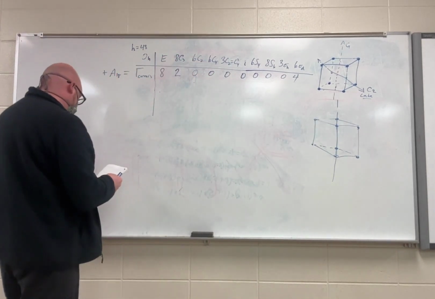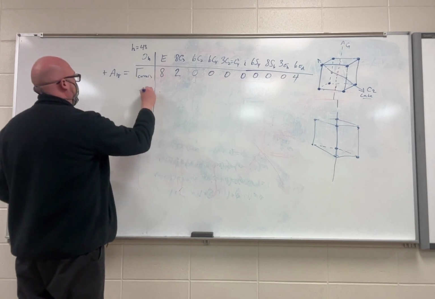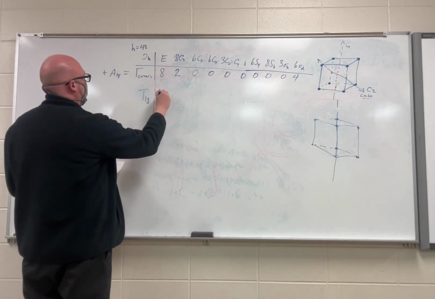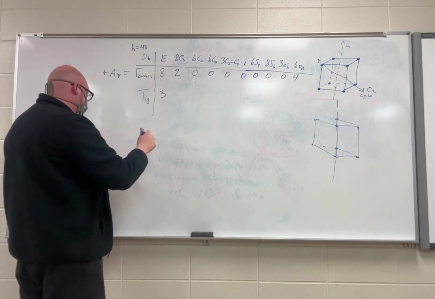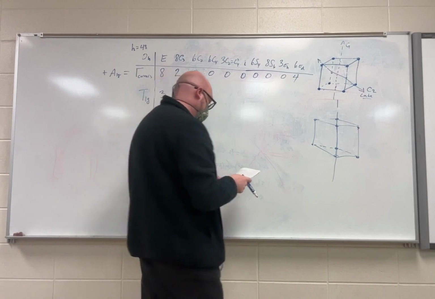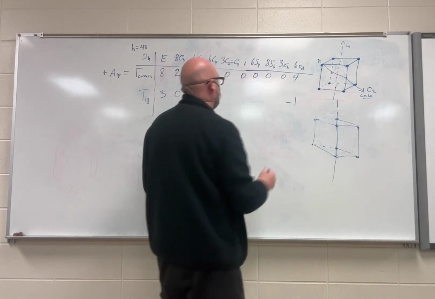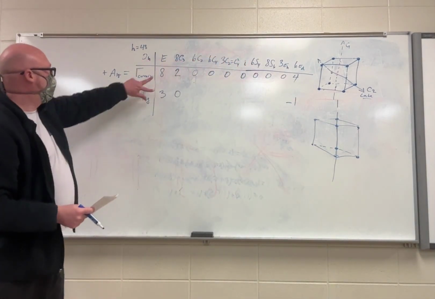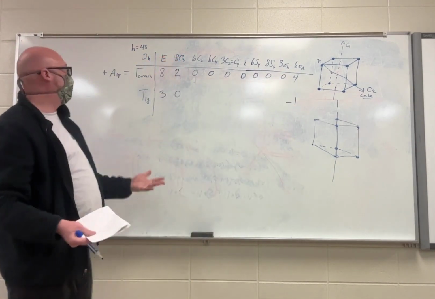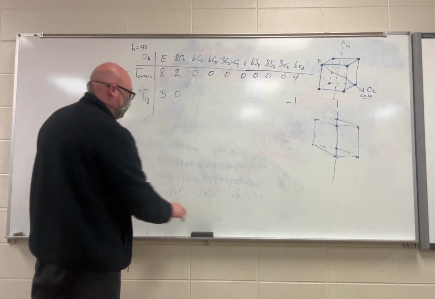Then we have a T1G irreducible representation to check. The character under E is 3, under 8C3 is 0, and under 6 sigma D is minus 1. So you get plus 24 minus 24. There are no T1Gs.